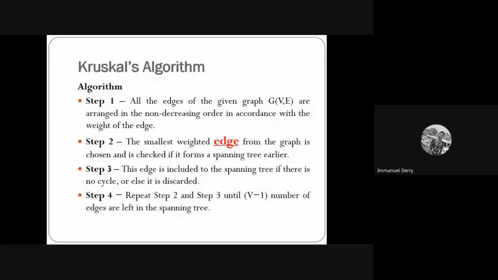So this is how the algorithm will start. And now the smallest weighted edge from the graph is chosen and is checked if it forms a cycle earlier.